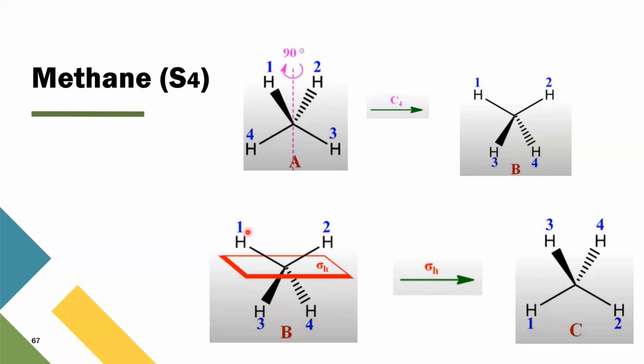The reflection will give you hydrogen labeled 4 here, and these two on the plane of the paper, which is the original configuration. So here we have two indistinguishable orientations after doing a C4 operation and a reflection perpendicular to it. So this methane molecule therefore has an S4 axis, an improper rotation. Okay?